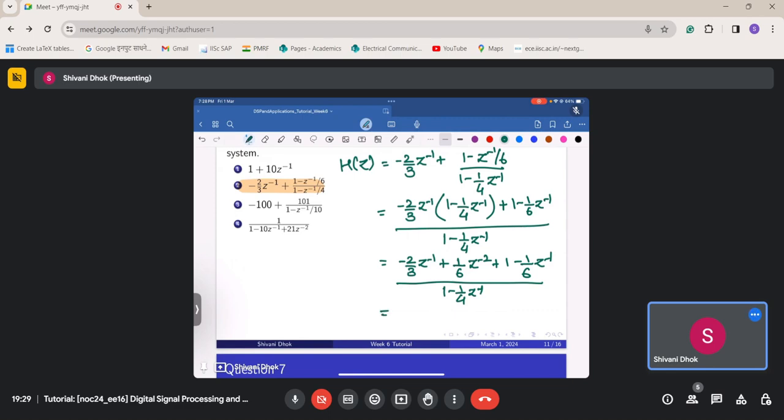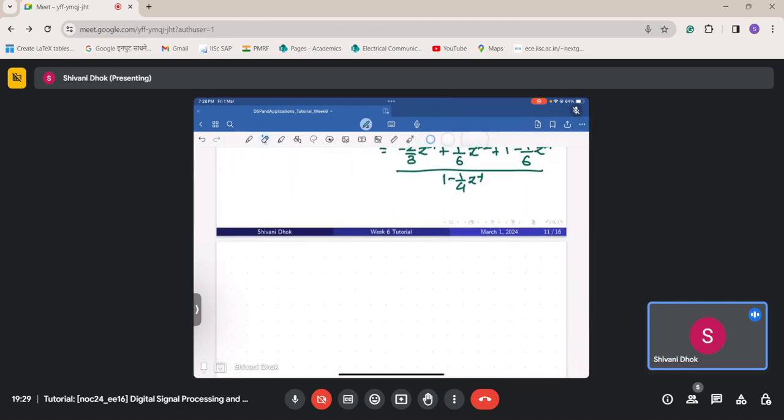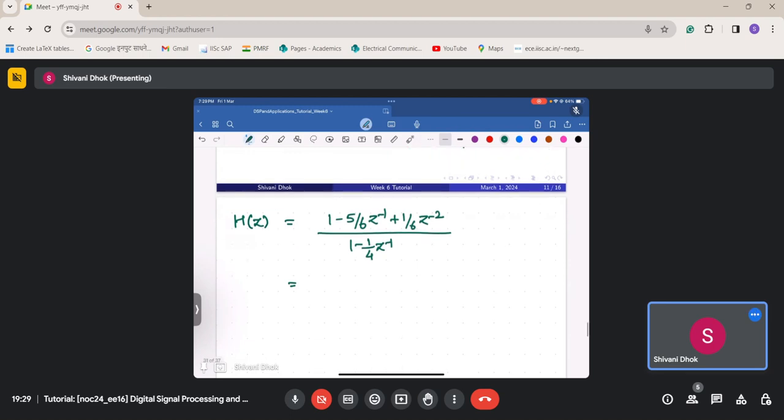So this is simply 1 minus 5 by 6 z inverse plus 1 by 6 z to the power minus 2 upon 1 minus 1 by 4 z inverse, which is equal to (1 minus 1 by 2 z inverse) multiplied by (1 minus 1 by 3 z inverse), whole divided by (1 minus 1 by 4 z inverse).